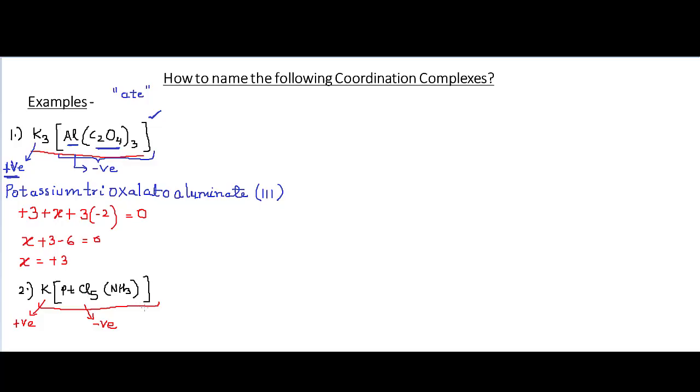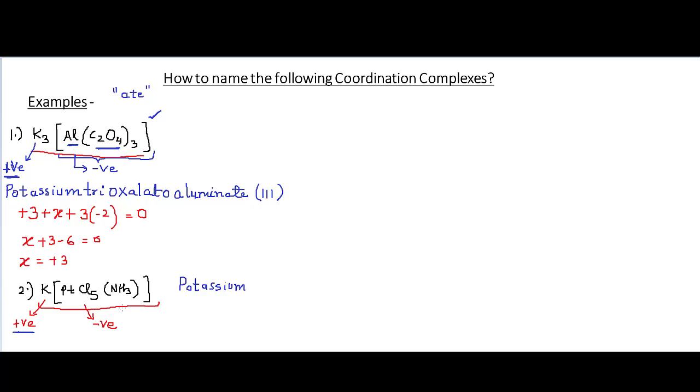So we have to follow the same pattern of writing. In an ionic coordination complex, we write the name of the positive segment first, so the name will start with potassium again.